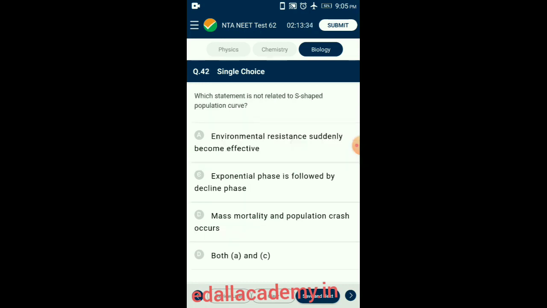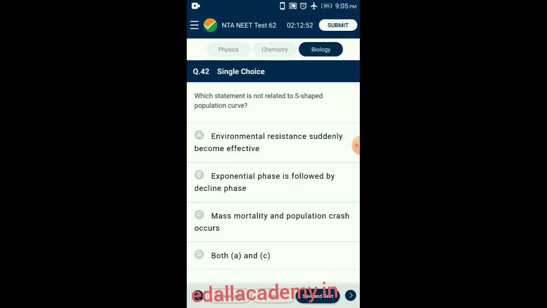Question number 42. Which statement is not related to the S-shaped population curve? The S-shaped growth curve is commonly called the sigmoid growth curve, a pattern of growth in which, in a new environment, the population density of an organism increases slowly initially in a positive acceleration phase, then increases rapidly approaching an exponential growth rate as in the J-shaped curve, but then declines in a negative acceleration phase until at zero growth rate the population stabilizes.